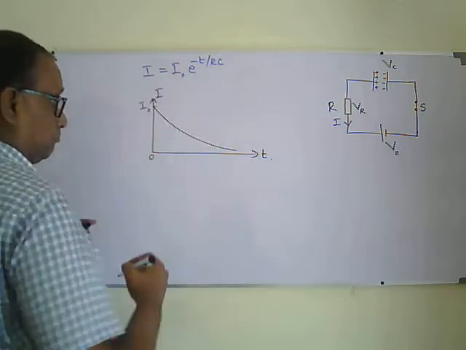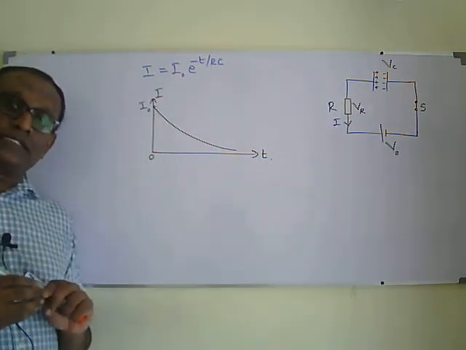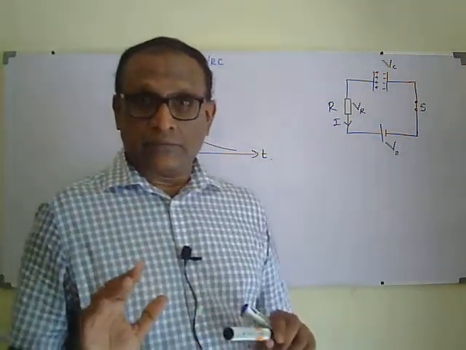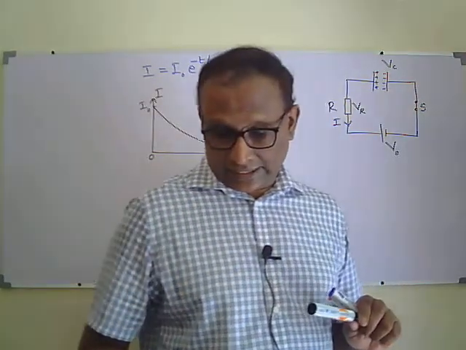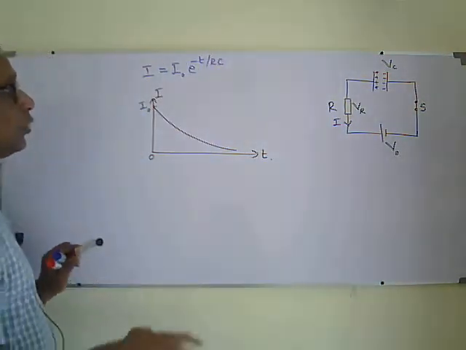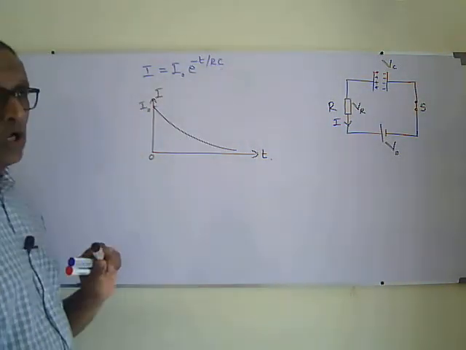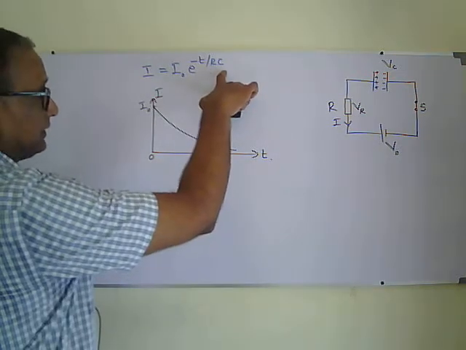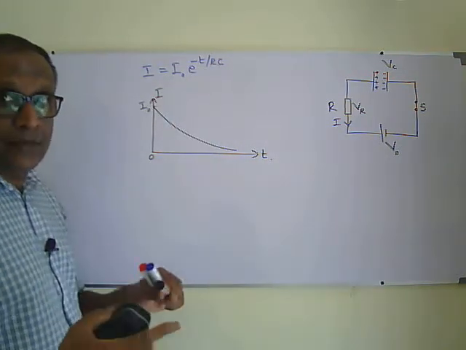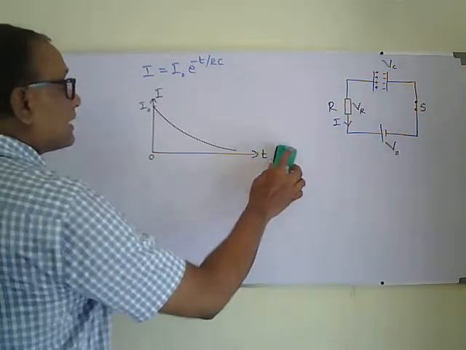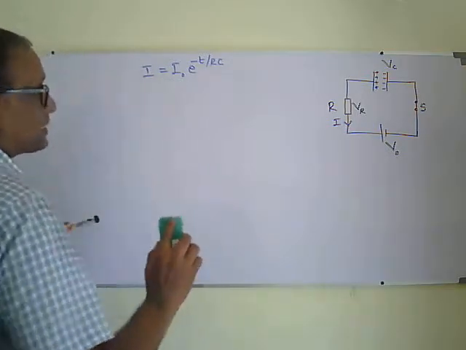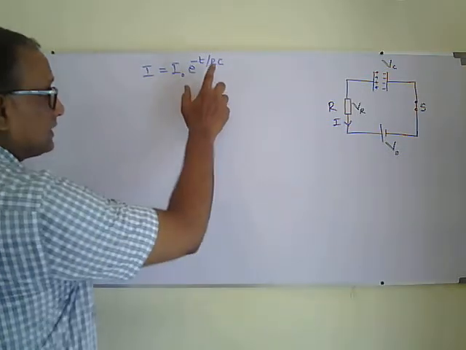The RC is called the time constant of the charging circuit. Why is it called time constant? It is constant, and its unit is the same as the unit of time. That's the reason it's called time constant, because it's constant for a given charging circuit.